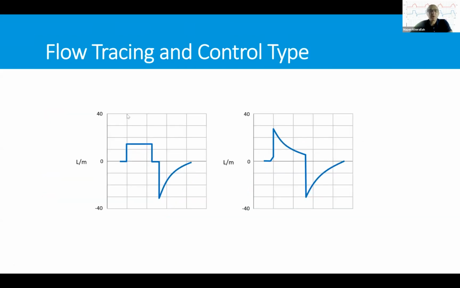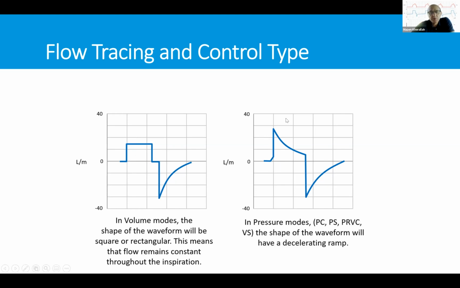So again, from the flow waveform shape, we can determine whether this is volume controlled or pressure controlled. Volume controlled, it could be square or decelerating, so it's not necessarily that it is square.